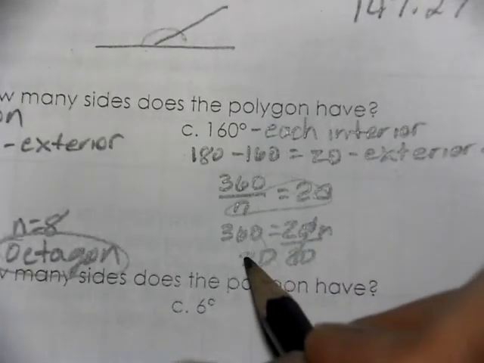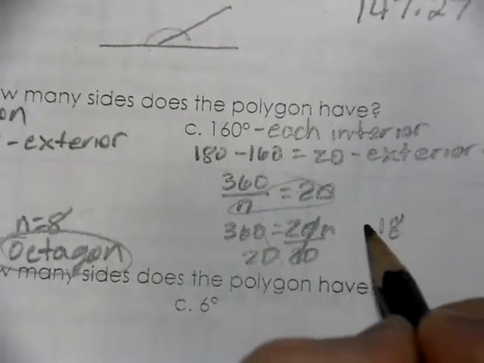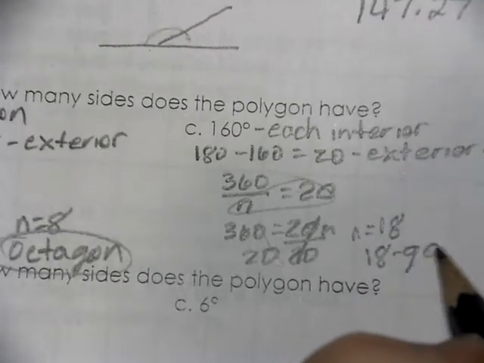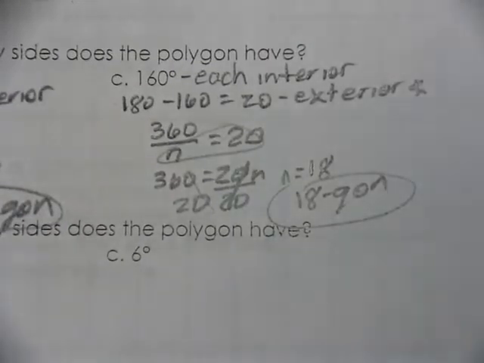So the zeros cross out, and this goes in there 18 times. So this is an 18. So 18 gon. So doing the calculations using the exterior angle is definitely an advantage.